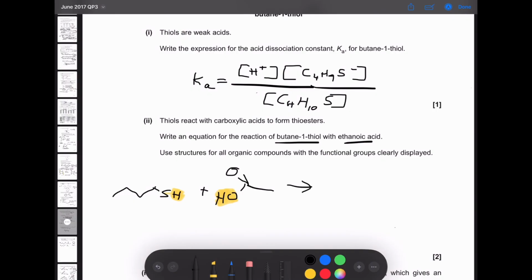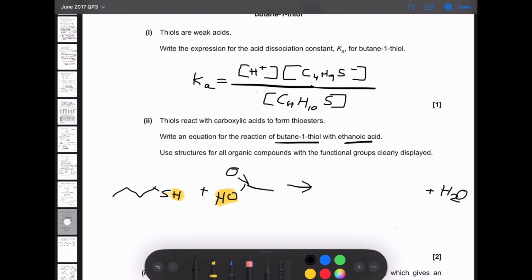So it doesn't ask us to include reagents, which is good because it doesn't tell us and we don't want to guess. So what's that going to do? Well, if we take away this oxygen, this hydrogen and this oxygen and hydrogen, it's going to leave us with a sulfur bond between them. Put that back because we don't want to lose marks.